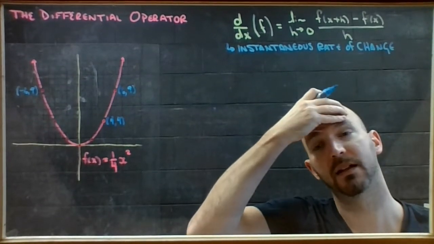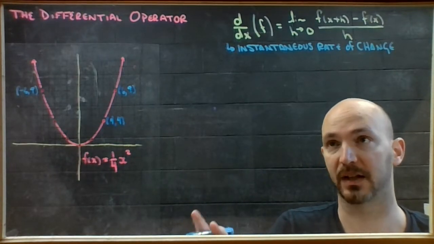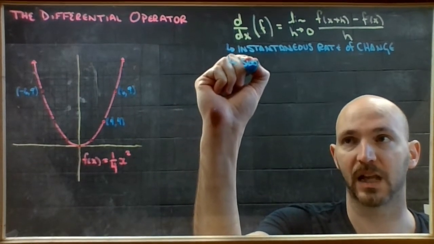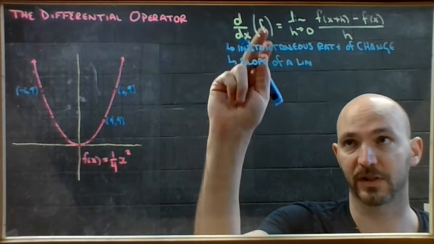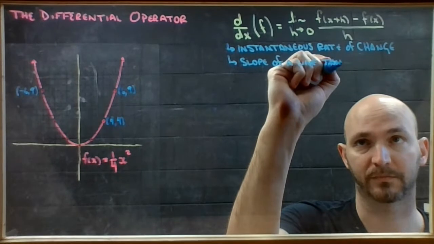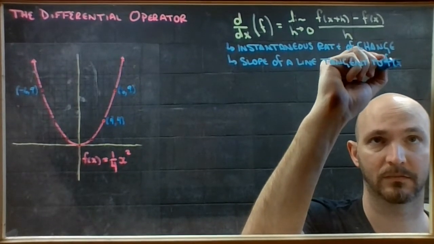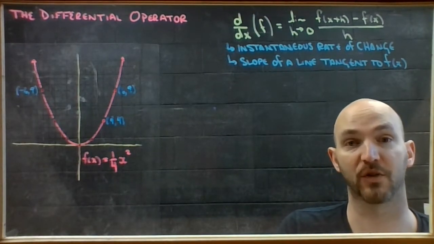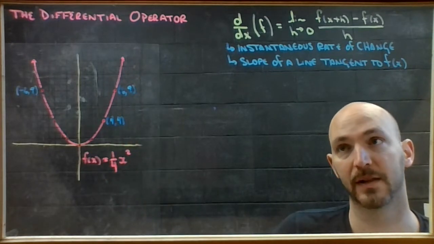All right, and what you use the instantaneous rate of change to do in advanced functions already is to determine the slope of a line that is tangent to this function f of x. And you did that at a particular point. And just to jog your memory, in a moment, we're going to do that calculation with this particular function.